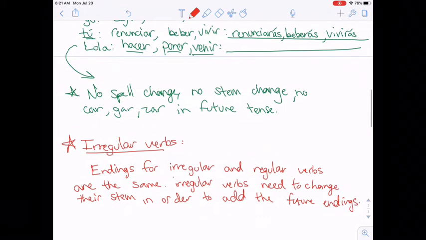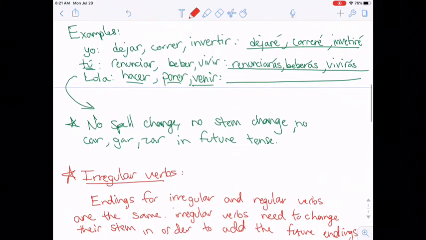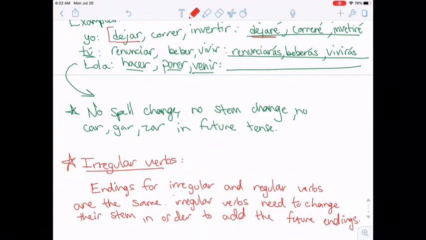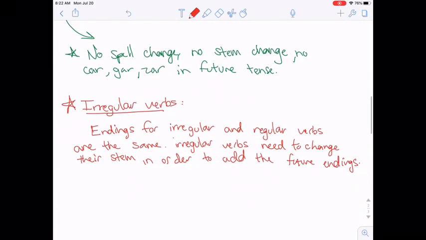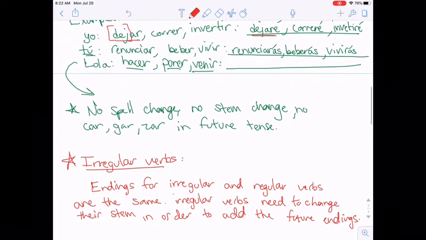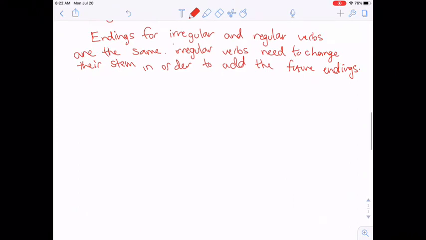So up here, you realize that dejar, the stem is not changed. It's just dejaré, right? But on the irregular verbs, you're going to be changing the stem. You're not doing it here because that's not irregular. So I'm going to give you the list here.